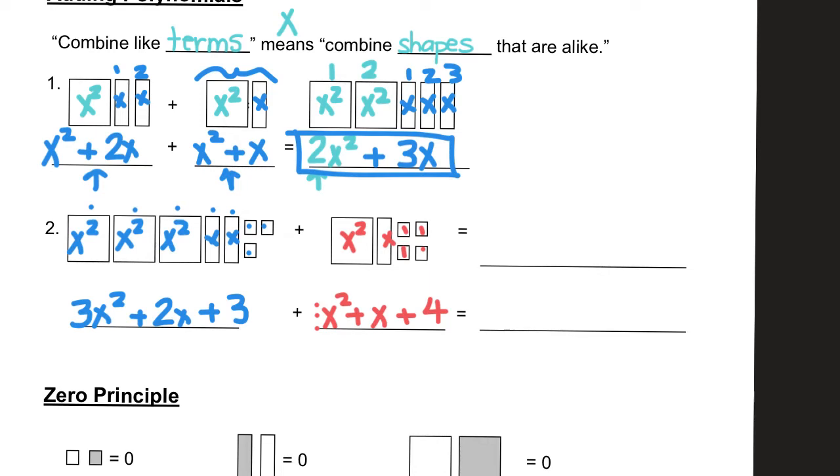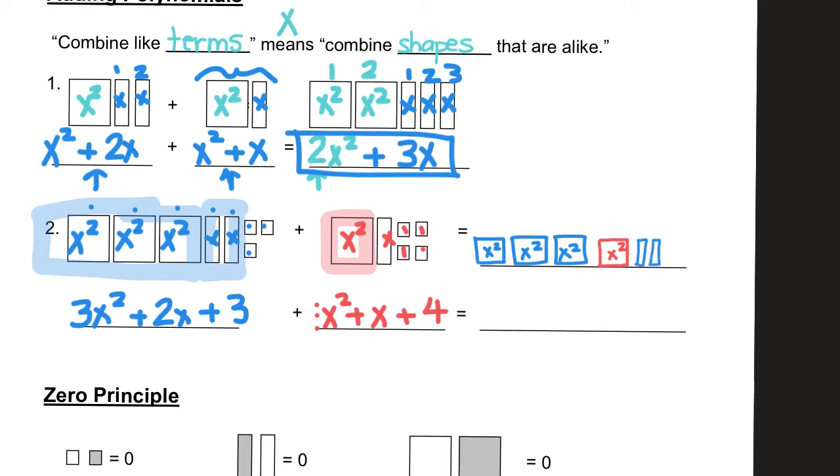In the first term, we have 3x squareds. In the second one, we have 1x squared. Then we'll draw 2 x's and 1x. And lastly, we'll draw 3 units plus 4 units.